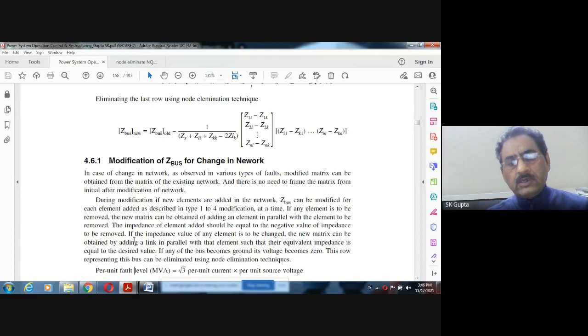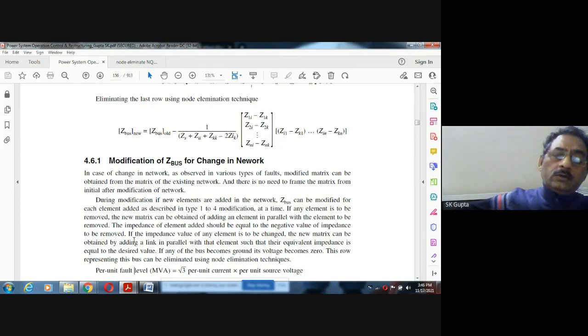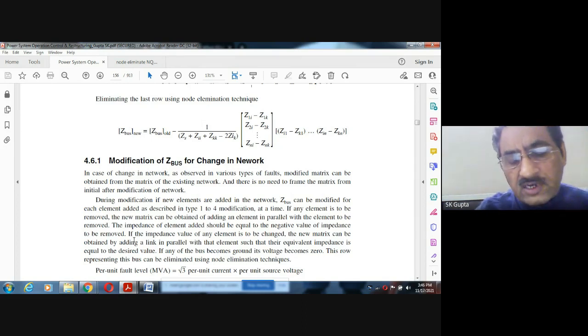We have seen if a transmission line is added, then we know how to take care, whether it is a new bus to the reference bus, or a new bus to an old bus. But another case is when a transmission line is removed. Our Z bus is already available, of size N by N, and a transmission line is removed. Then how to handle this, what modification will be there?